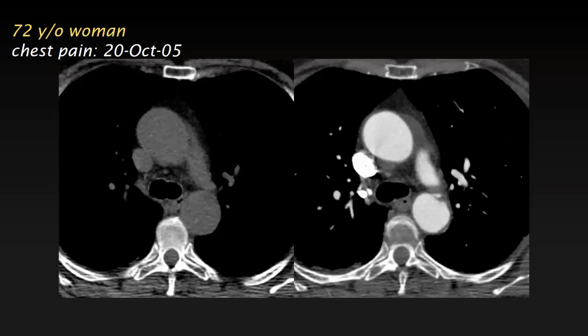This patient, a 72-year-old woman, presents with chest pain, and she has a lesion in her descending thoracic aorta, which definitely looks like an ulcer-like shaped lesion. Okay, so my question to you is, can this patient have an acute penetrating atherosclerotic ulcer?